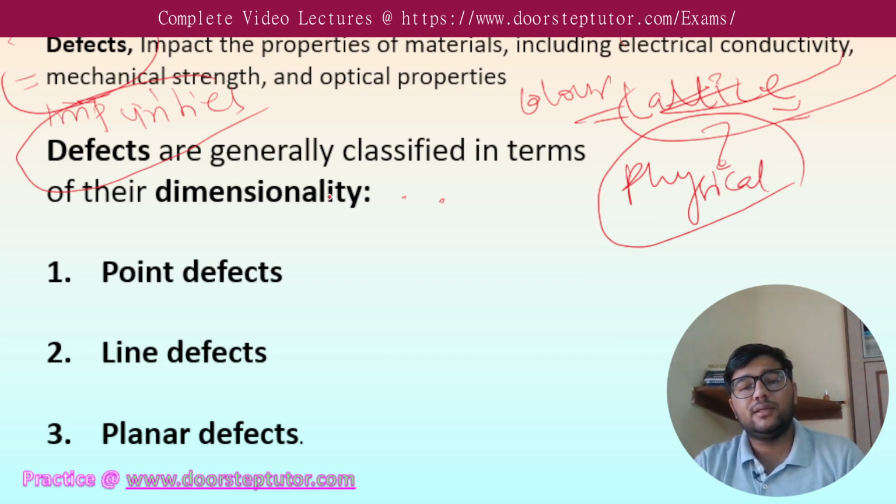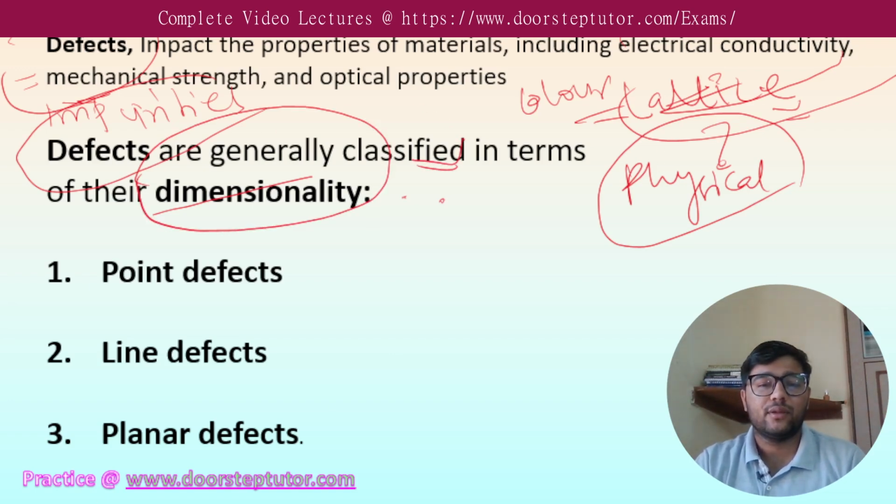Generally we study three types of defect based on their dimension, or what kind of arrangement they have. First is point defect, which means the defect or impurity occurs at point level or only atomic level.